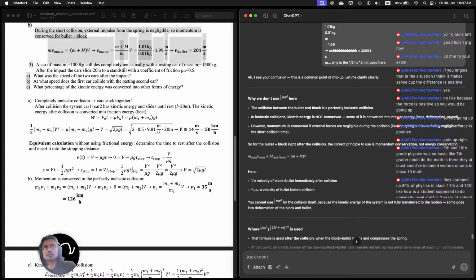Some of this is converted to internal energy. However, momentum is conserved. I wrote that, but I took the kinetic. Okay, kinetic energy, elastic collision. In inelastic collision, kinetic energy is not conserved. Okay.